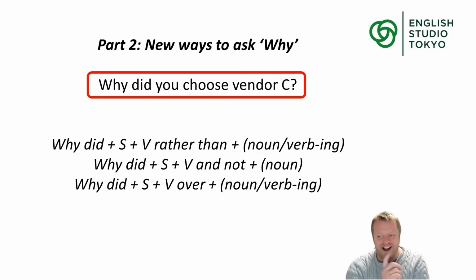Now, I apologize here. Today, you're going to hear this a lot: why did you choose vendor C? In my job, I do a lot of project management for IT projects.